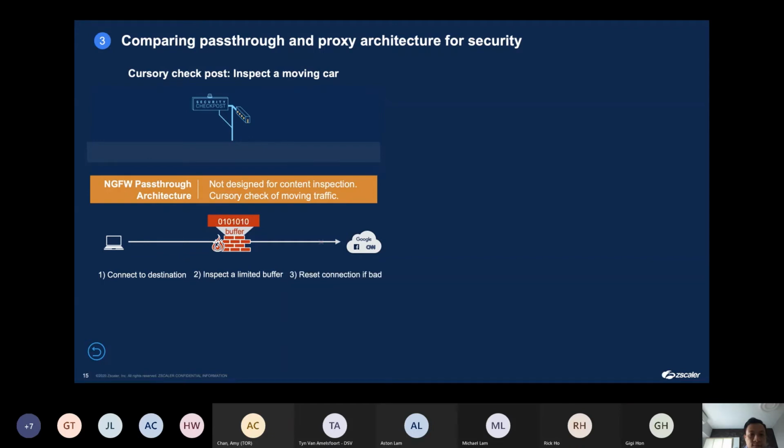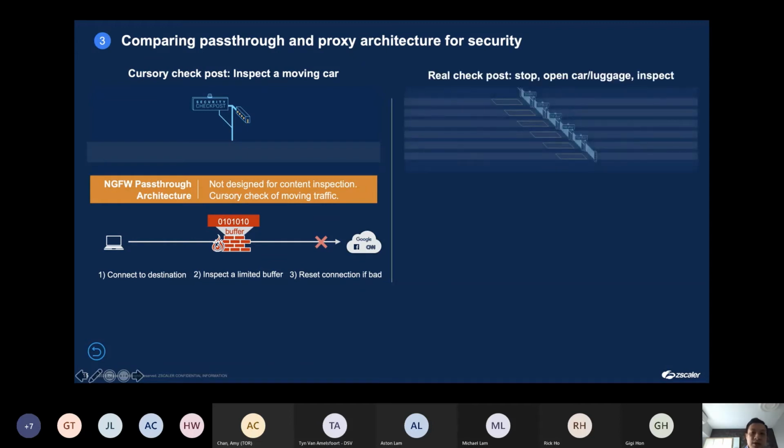And when we find a problem, we reset the connection. This is what we did for internal zero trust or internal security in the past. But what we believe is the right way is that we should always stop, check the car, and inspect before we allow that access. Let's see the animation here.